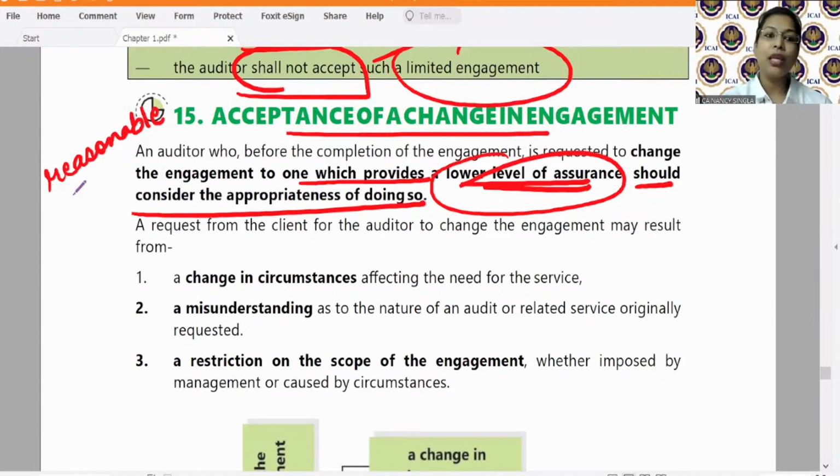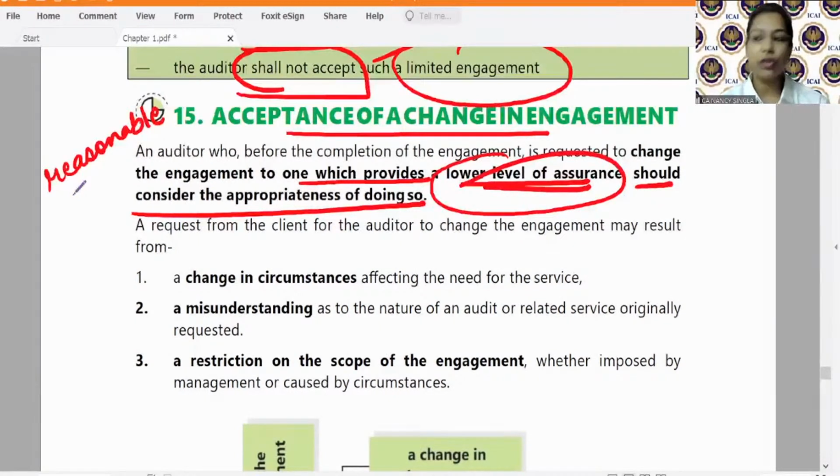Or let's say you were conducting the audit, later on, in mid of the audit, the original documents of the company were taken by whom? By the income tax authorities. Okay? Now you have to work on the photocopies. Okay? So see, these are some reasonable justification. ना अब आप tsunami hit area में थोड़ी ना चले जाओगे inventory के लिए, या अगर if income tax authorities have taken the original copies after the engagement has been accepted but before the completion, so these are what reasonable justification है ना.